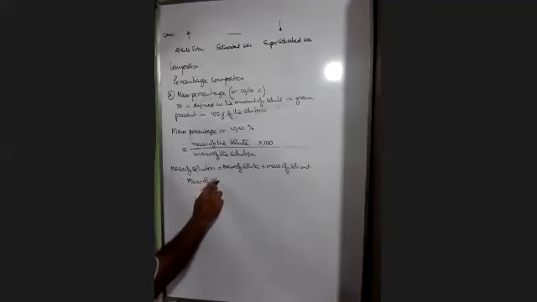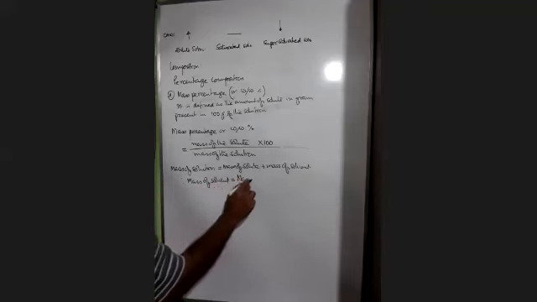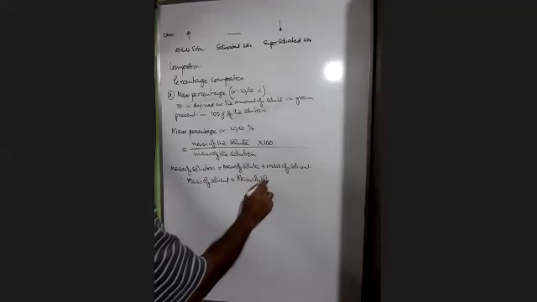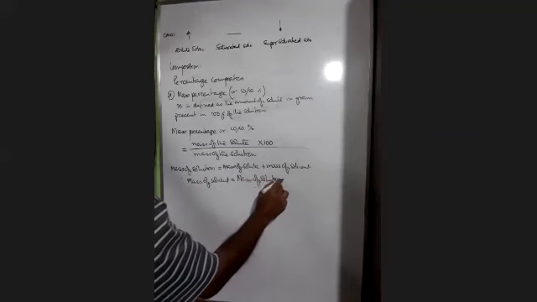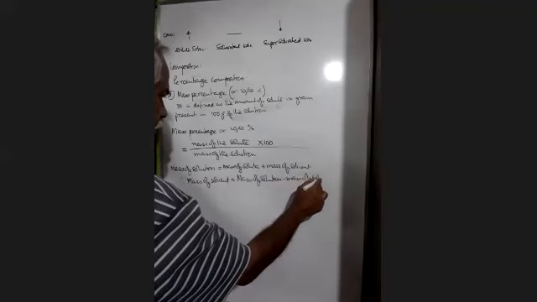In numerical, you should know how to find out mass of solvent. They will not give you. Mass of solvent is equal to mass of solution minus mass of solute.